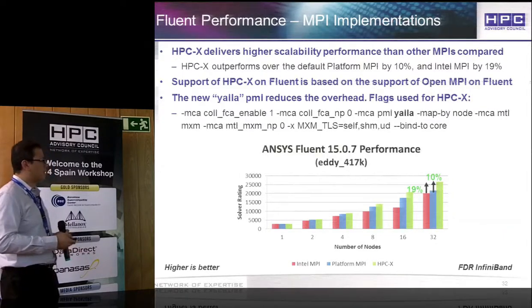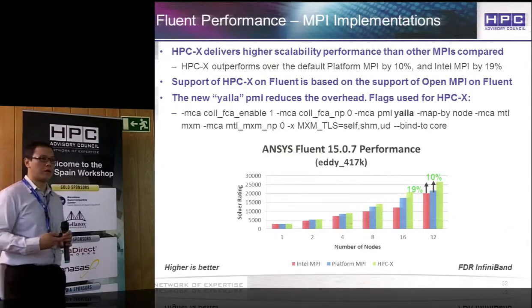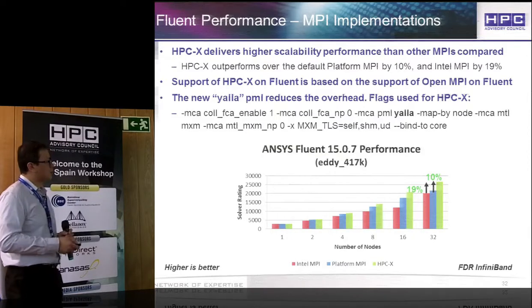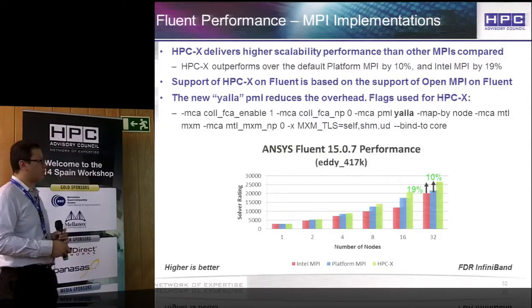But I'm trying something newer called HPC-X. Here we're showing very good scalability with HPC-X, even better than Platform. As you can see, we're scaling out to 32 nodes, and we're getting approximately more than 10% and 19% compared to the other MPIs shown here.